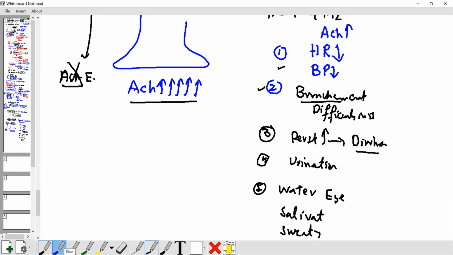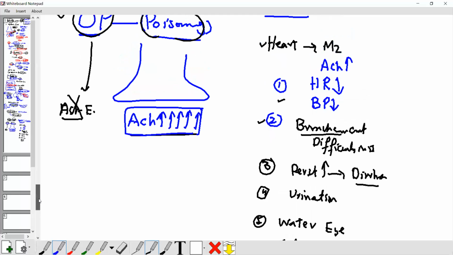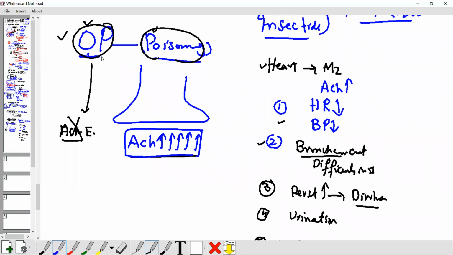All these functions are increased because they belong to the parasympathetic system, which works using acetylcholine. Now the acetylcholine level is very high in the body after organophosphate poisoning. So how does a patient die? The patient dies because of cardiac arrest, blood pressure going down.